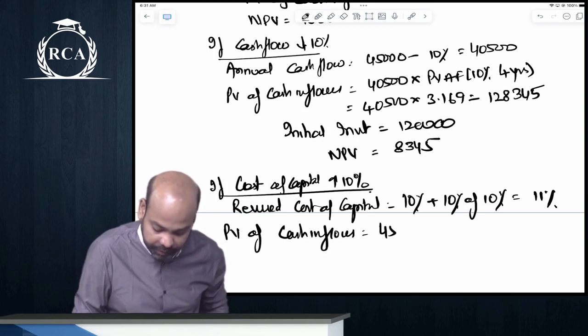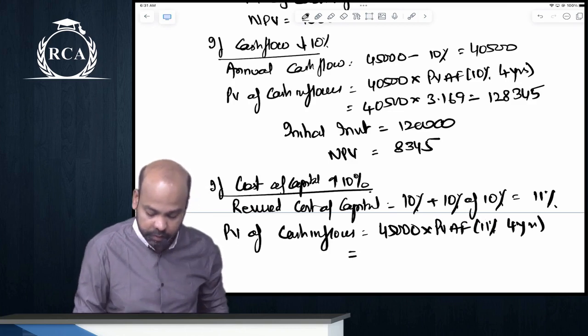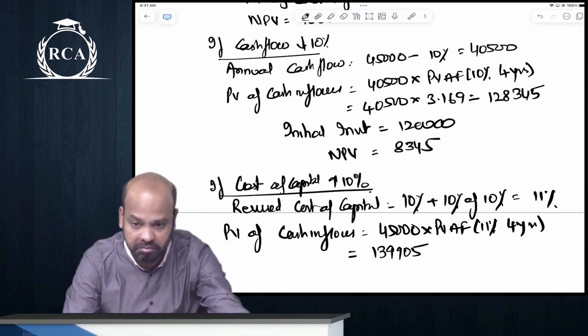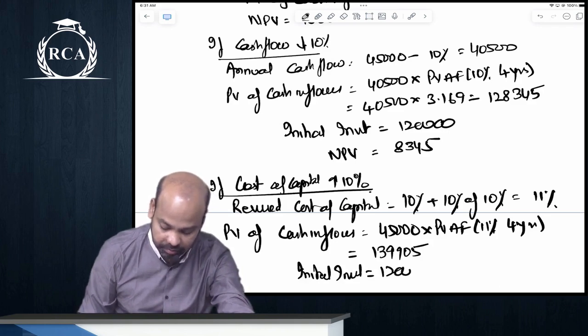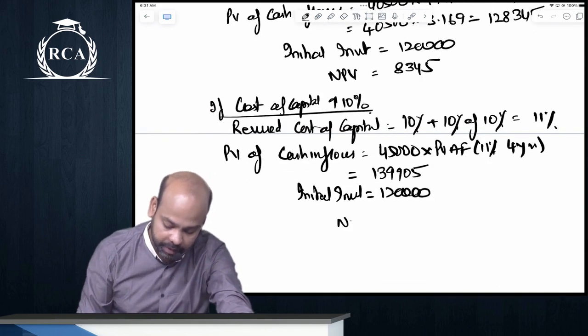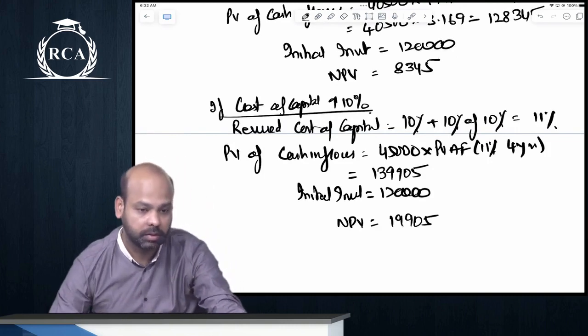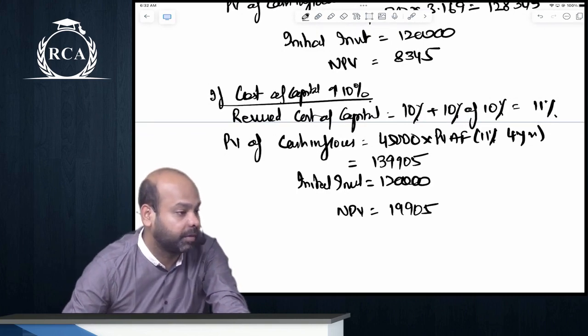You will write 45,000 multiplied by PVAF at 11% for 4 years. NPV, beta, initial investment is how much? NPV will be 19,905. You will have to now compute percentage changes in NPV, guys, for all the 3 NPV levels.